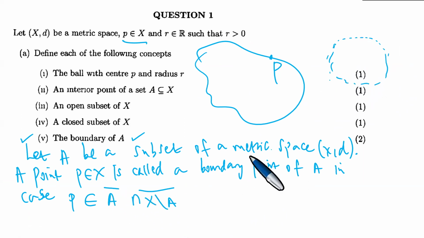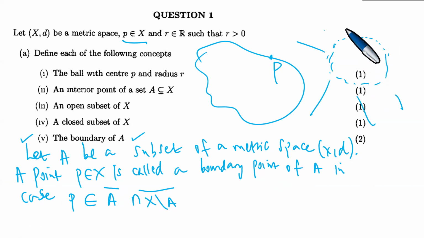If you take the closure like this, then we include the points that are not actually part of the set, and that becomes the closure of A. Intersected with the complement of A: the complement is the region outside, and we also close it.